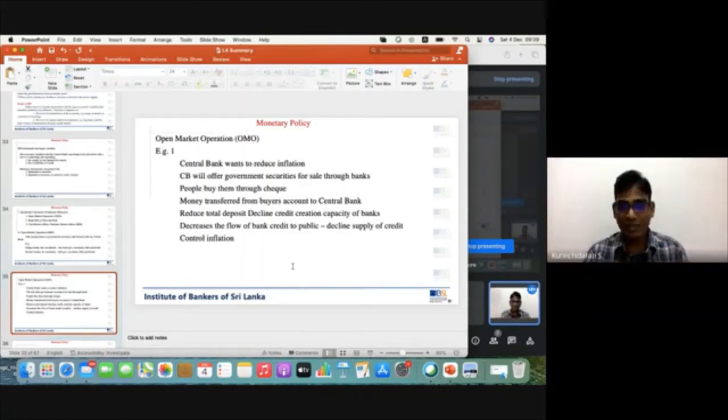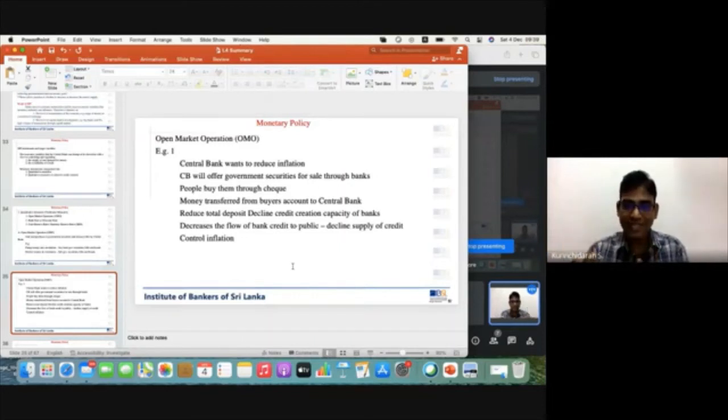Now, forget about the market. The government wants the money. What will happen? The government sells the security to the central bank. The central bank buys that security and gives the money to the government. So new money goes out under the reserve account.